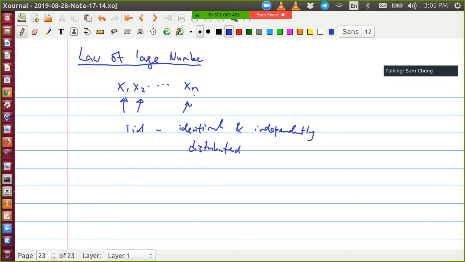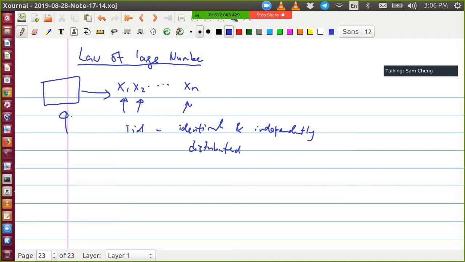So basically, the law of large numbers just describes something really obvious. If I have a sequence of random variables, you can think of this sequence as being drawn from a source, some mechanism that spells out random variables.